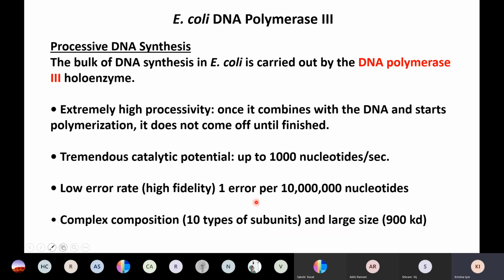It's got a very low error rate. It has got high fidelity. Now, in this COVID scenario, all of you are online, and we are mostly using Wi-Fi. Wi-Fi means what we call wireless fidelity, which means whatever information I am telling you is being passed from my computer to the tower, through my router, to your tower, to your router.